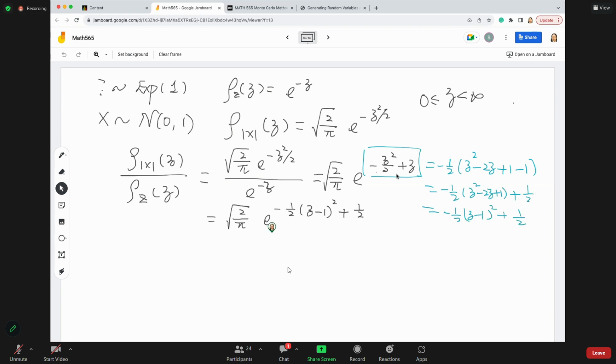Then this tells us what? For what value of z can this one be the largest? We know when z is 1, this one has the maximum value.